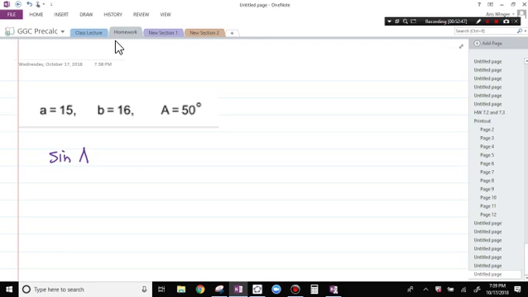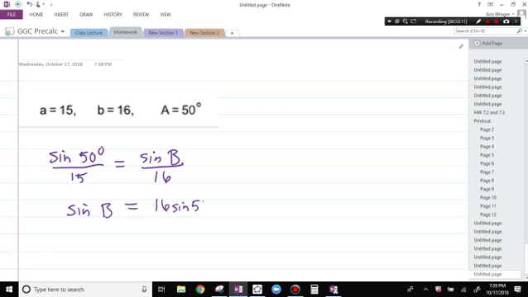So the sine of 50 degrees over 15 is equal to the sine of B over 16. Right. And so we'll multiply the 16 on both sides. So the sine of B equals 16 the sine of 50 over 15. B is the inverse sine of 16 the sine of 50 over 15.